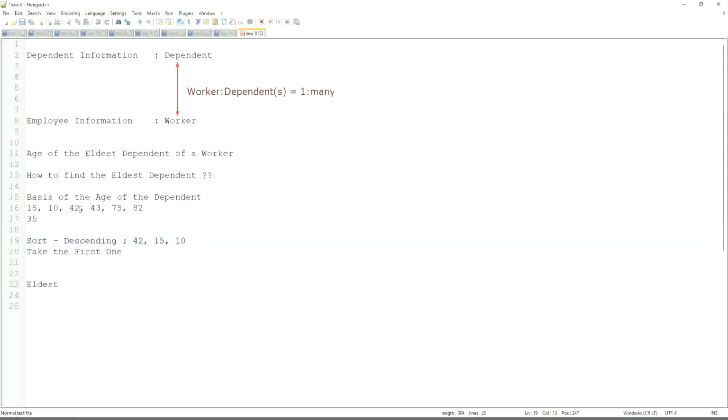Only one problem is if there are multiple dependents with the same age. If there are only children as dependents, and there is a twin the same age, at that point it becomes difficult, but other than that it is more or less foolproof.